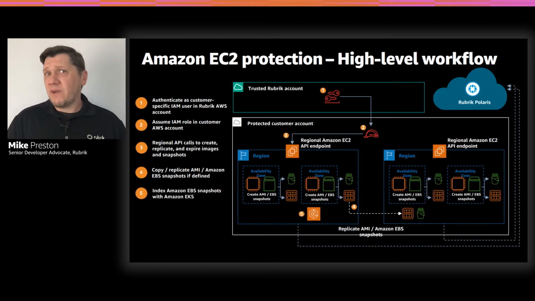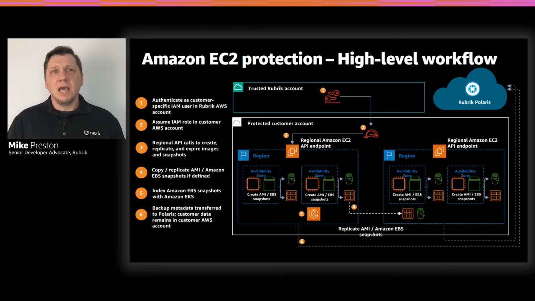Then, if we have file level indexing enabled, we'll spin up those Kubernetes pods in order to crack open those snapshots and actually take an index of all of the files within those EBS snapshots, so we can provide that fast global search across your environment.